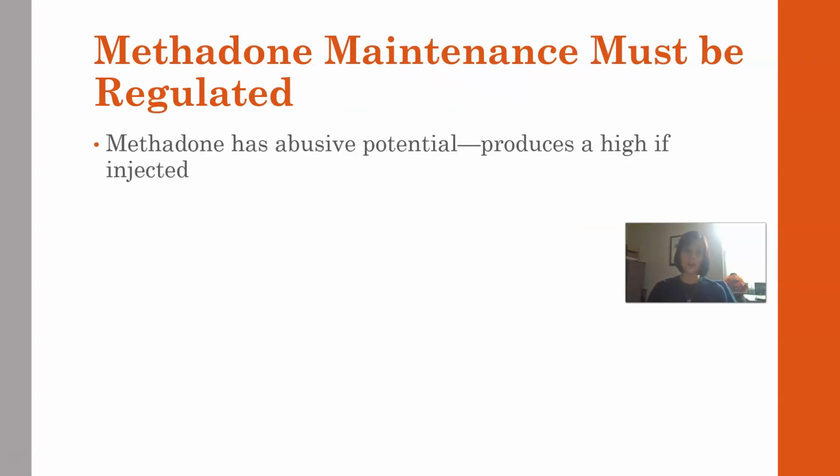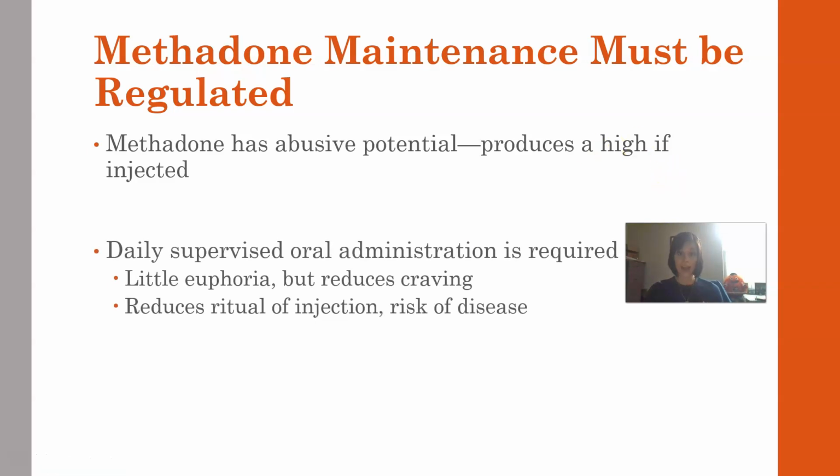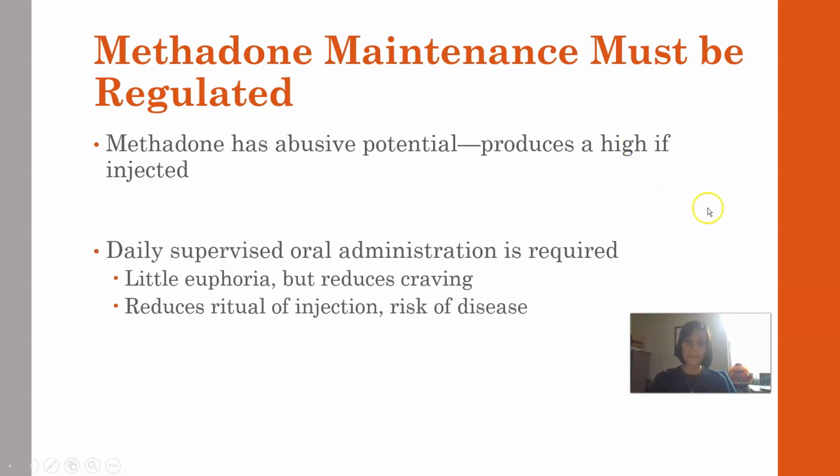Now, methadone actually does have an abusive potential. Because it's taken orally, if the pill is crushed, liquefied and put in a syringe, it can actually get you high if you inject it through IV. So for this reason, methadone maintenance is often regulated. You have daily supervised oral administration.